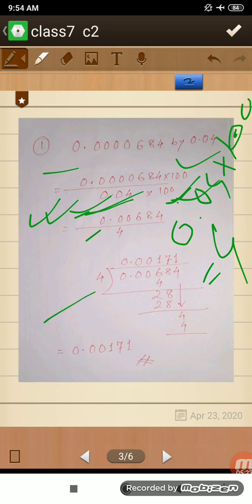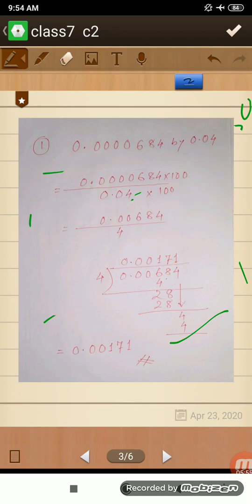First putting here, divided by 4, and it is not divisible by 0 0 0, you need to line up the point here, and 6, you get 4 ones are 4, 2 remainder here, and 8 coming down, 28, 7 4s are 28, and 4 coming down, 4 ones are 4. So the answer will be 0.00171. I hope you understand the problem.